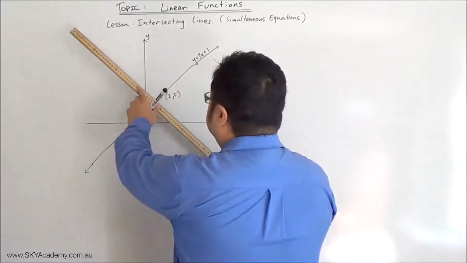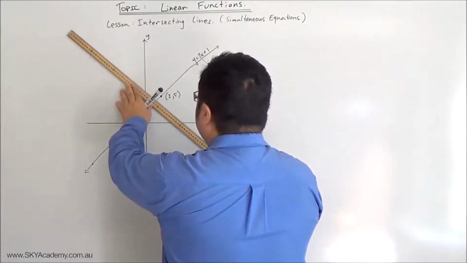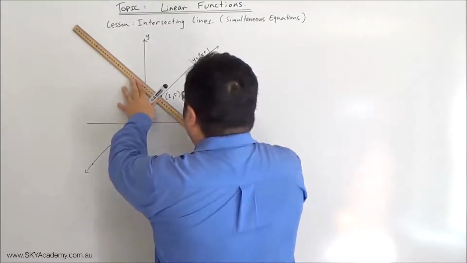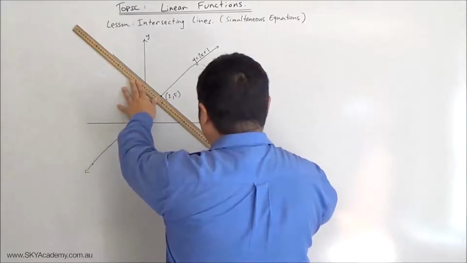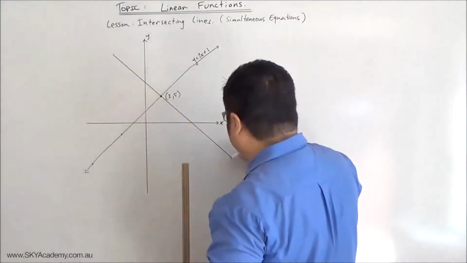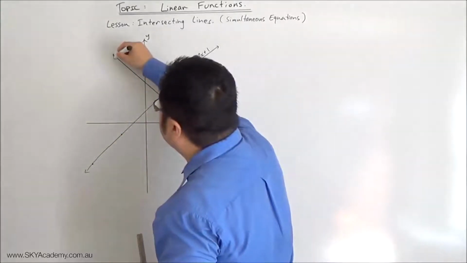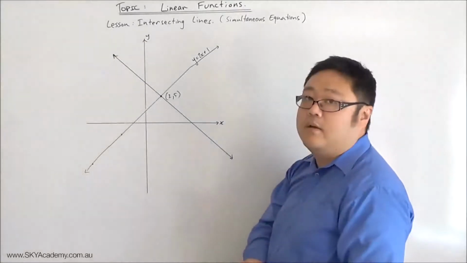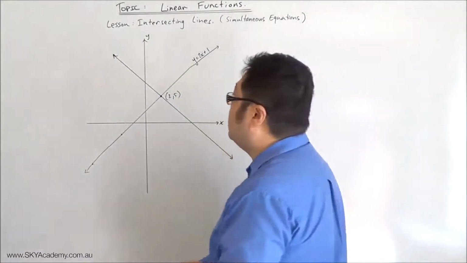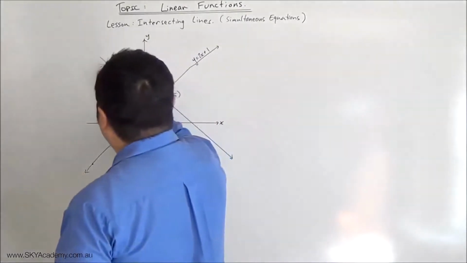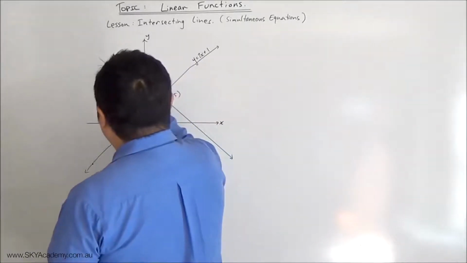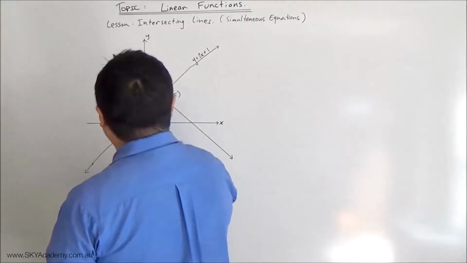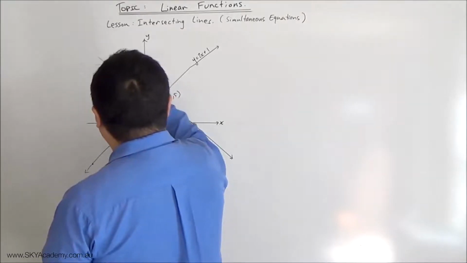Does that make sense? I'm sorry to labour the point, but I just want to ram that point home very clearly. Now, say we have another line over here, again passing through the point 2, 5. Let's say this line is y equals negative x plus 7.